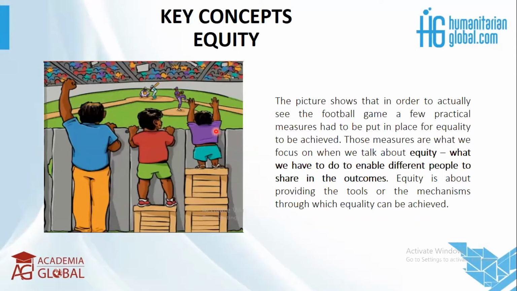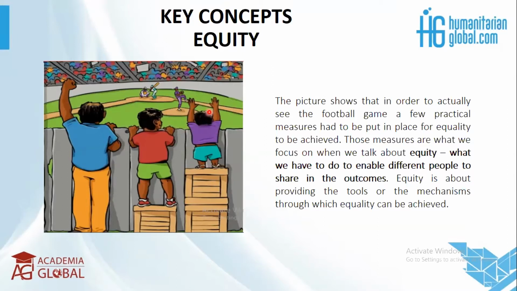The third individual, who was not able to, has been provided with a practical measure. He has been given an extra stool to be able to have a view. So with equity, the three individuals are now able to enjoy the football match.